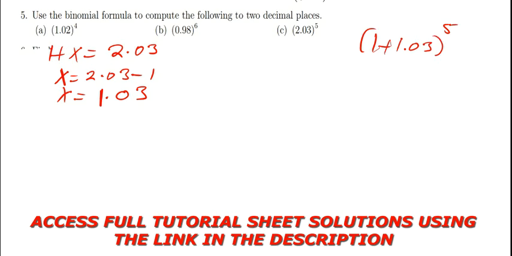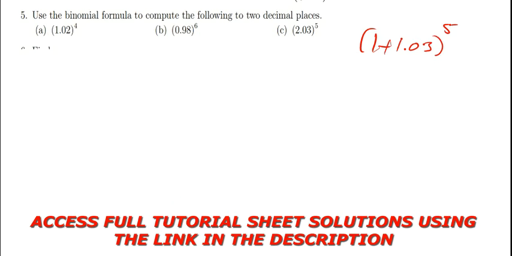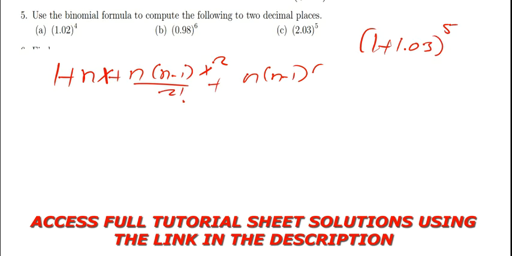So using that formula, go ahead and find the answer using 1 plus nx plus n minus 1, n minus 2, or n minus 1, we end there, then x squared divided by 2 factorial. Even if I add that other one, I don't think I'm going to use it. So in 2 decimal places, go ahead and plug in the values, send the answer in the comment section. I'll be able to check it out.